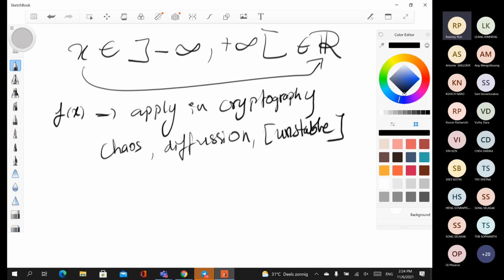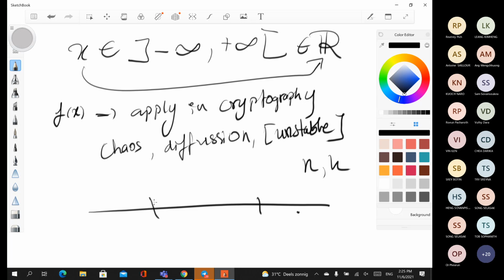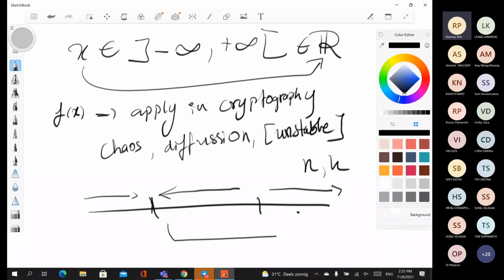If we have our equation as previously, with n and the other root here, and the values of n and the other root here, something like this, based on our notion here, the value that I can use is just from this value to this value. You know the reason why?